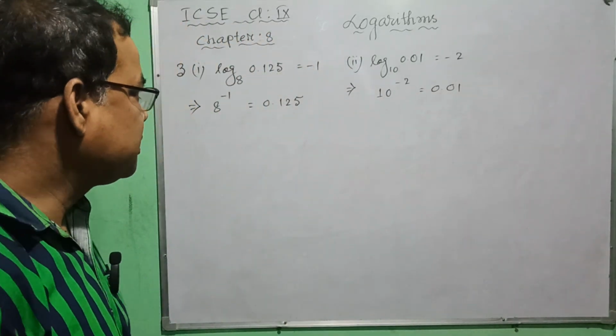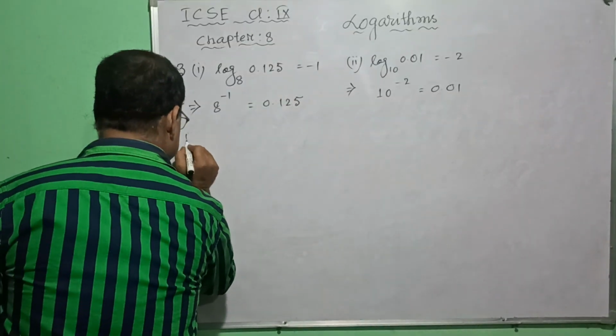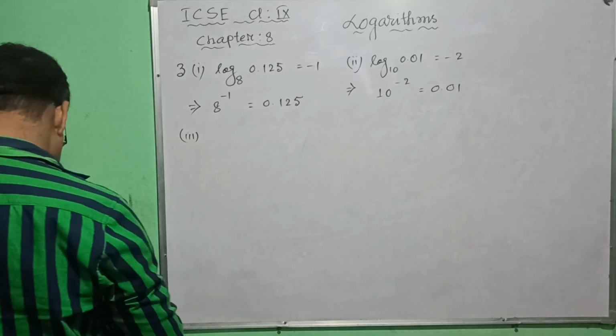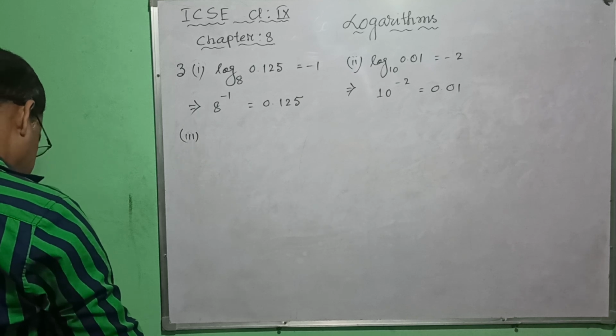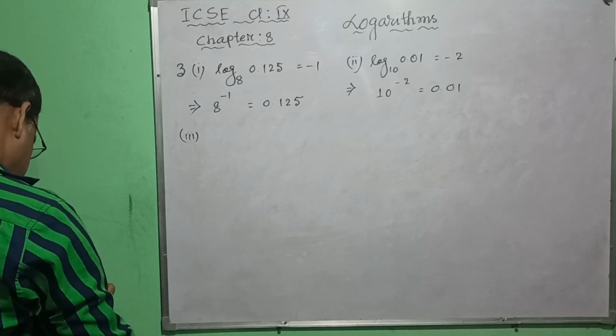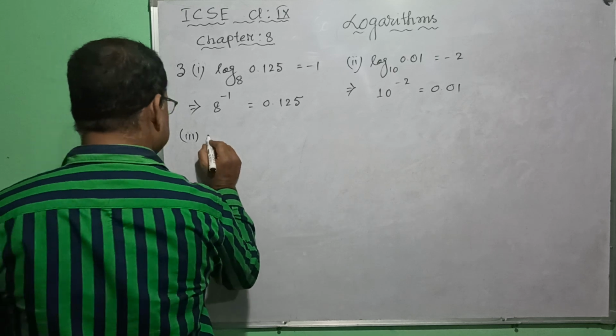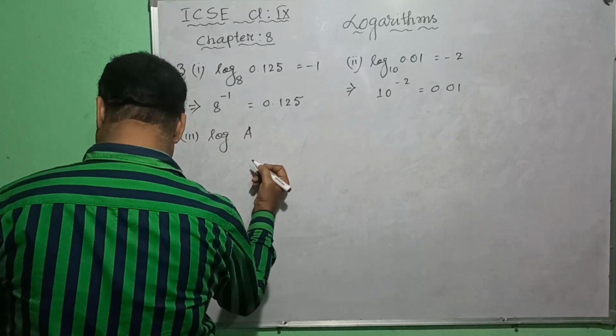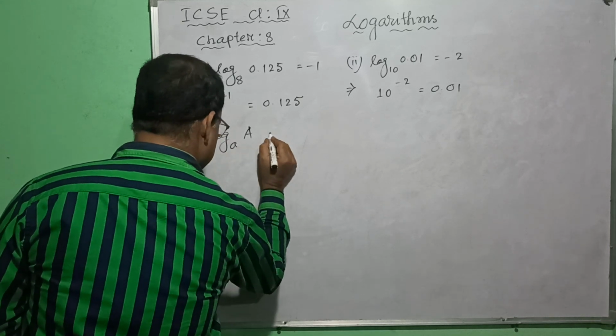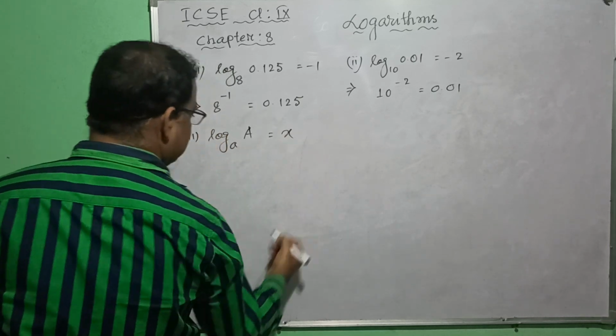So this is the exponential form. Number 3, it is given log a at base a equal x.